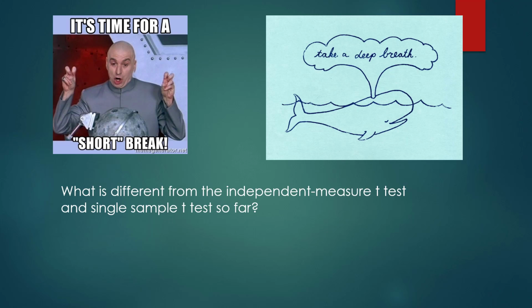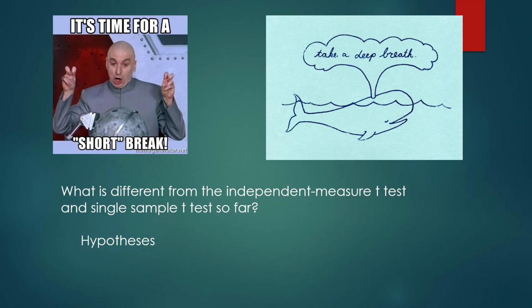What's the difference between the independent measures t-test and a single sample t-test so far? We had a difference in our hypotheses. With the one sample t-test, we're saying that the sample either equals or doesn't equal the population mean.